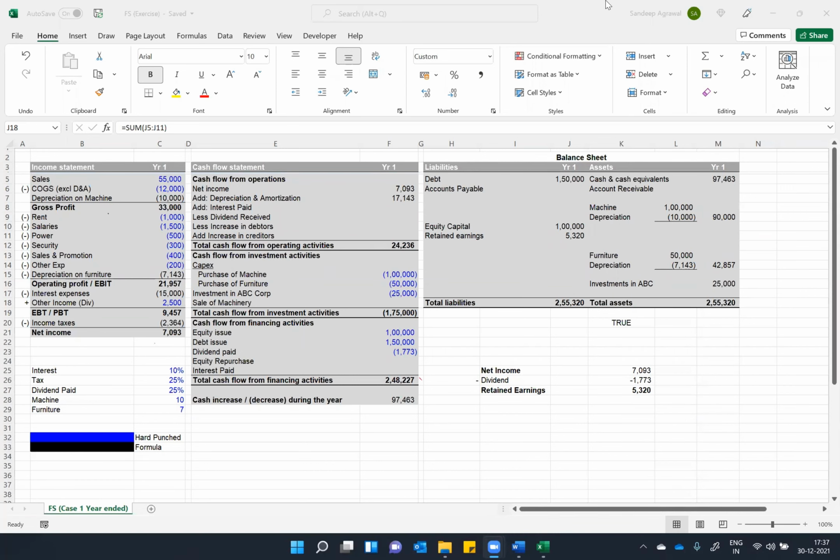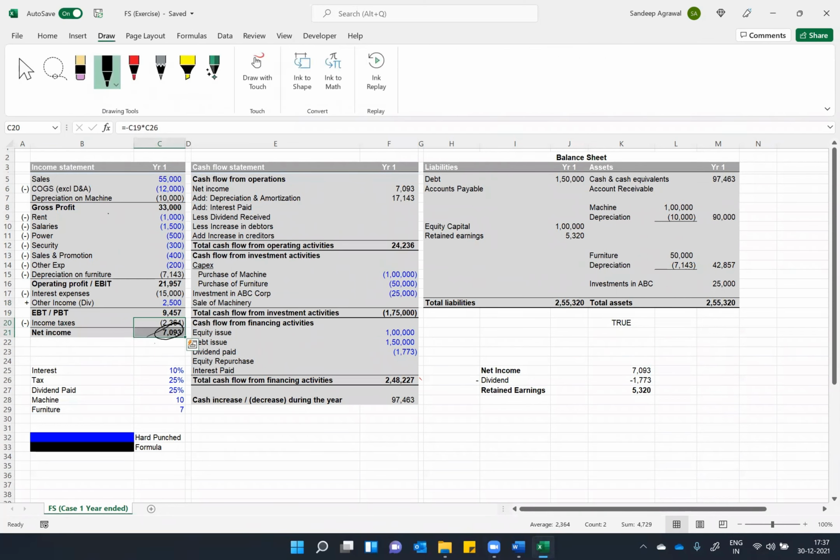So finally our balance sheet is matched. So how these three statements are linked, I'll just try to show you the major areas where it is linked. There may be multiple links, but the most important ones which you should know and can visualize at any point of time is, so I do have a net income here, right?